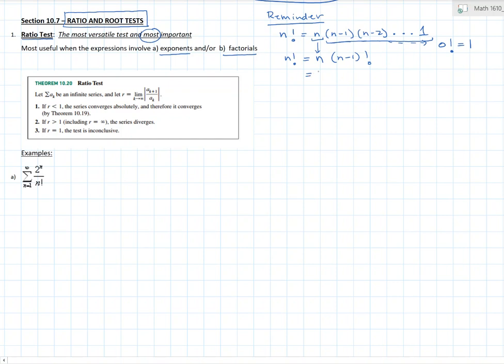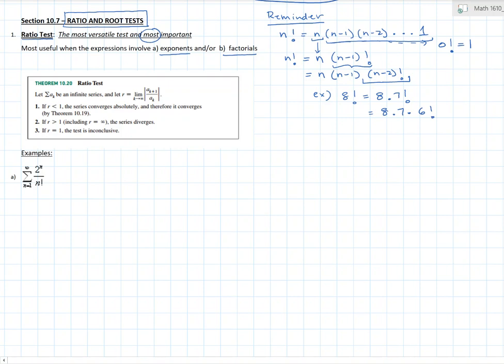You could keep going down, so you could have n, and then n minus 1 times n minus 2 factorial. So n minus 2 factorial is the remaining tail. So for example, if you have 8 factorial, that means 8 times 7 factorial. Or for that matter, 8 times 7 times 6 factorial.